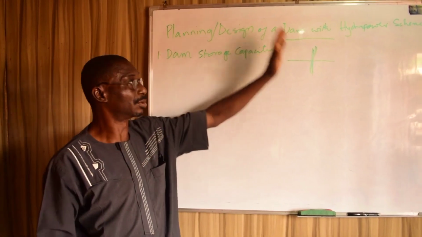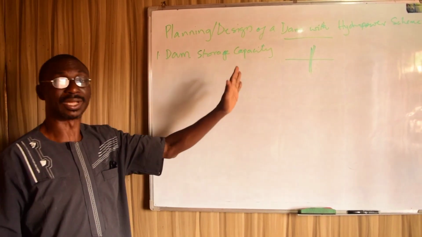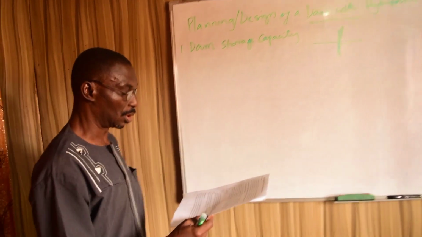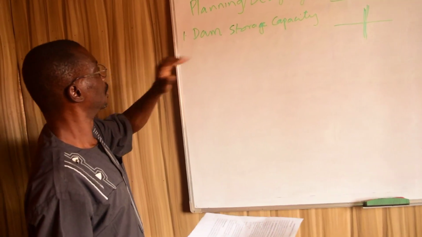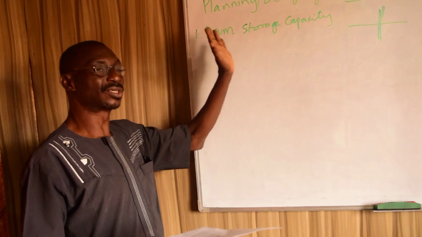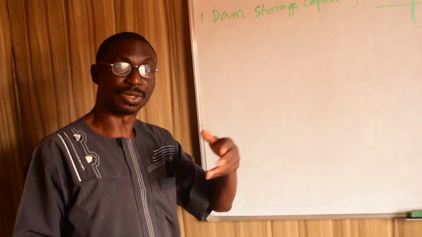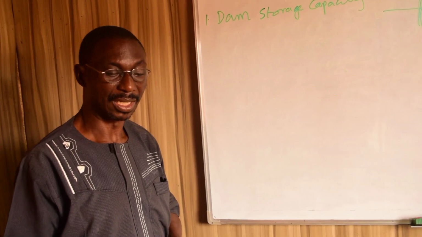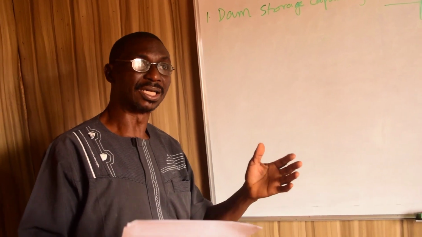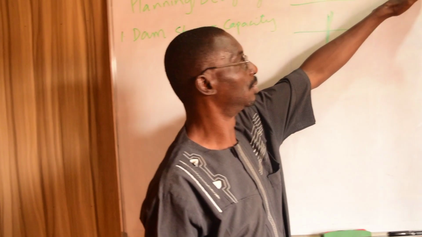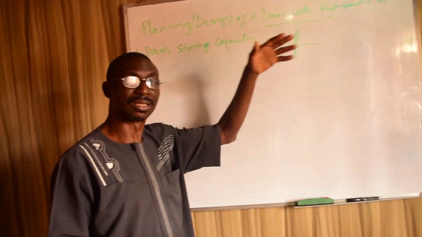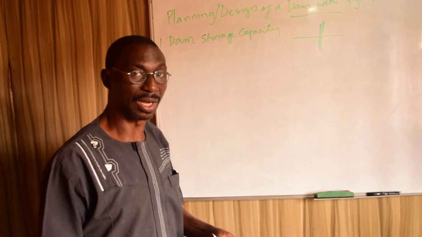Any obstacle you want to divert, that is the dam, to divert the water. So, first of all, you must consider the storage capacity, which we call the reservoir. What is the size of the reservoir? How will the reservoir match with what you have in mind? Will it contain adequate water to match with what you have in mind?